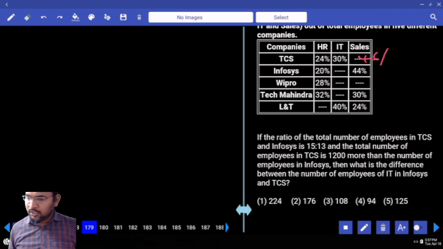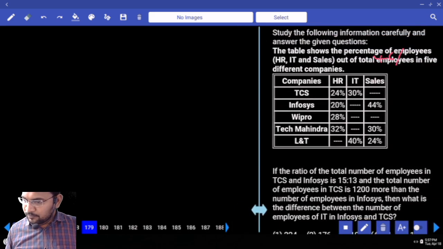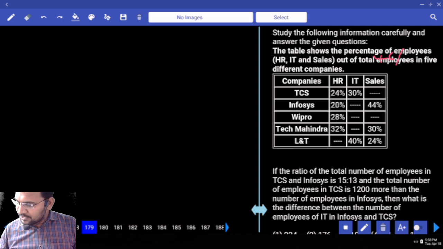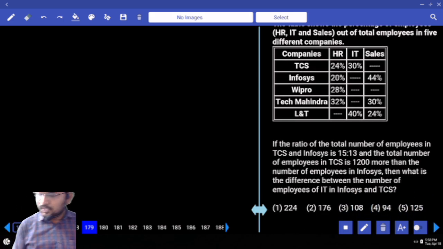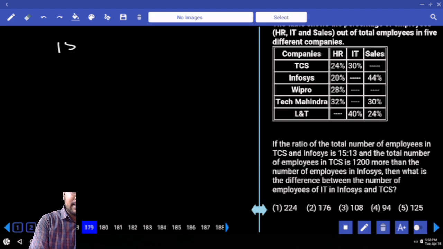See the first question. The ratio of the total number of employees in TCS and Infosys is 15:13. So TCS is 15 parts and Infosys is 13 parts.